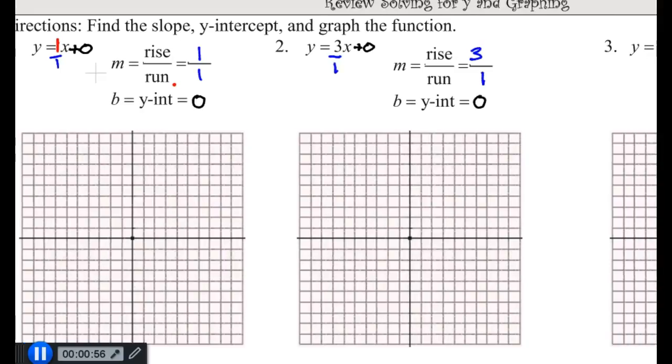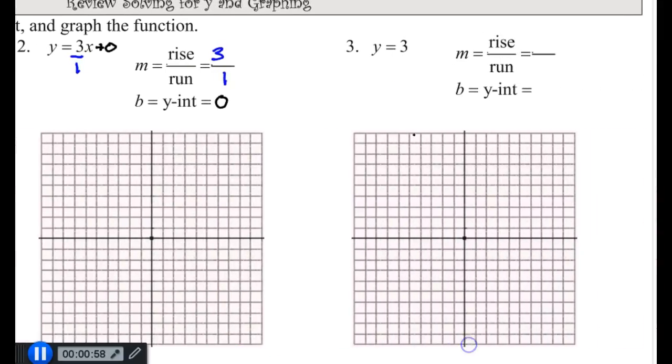Same thing on number 3 here. Now, 2 and 3 are very similar, right? Y equals 3x and y equals 3. It's almost the same thing except one has a slope of 3, one has a y-intercept of 3. I can tell that because this one has an x, so I know this 3 is a slope. This one doesn't have an x, so I know the 3 is actually the y-intercept.